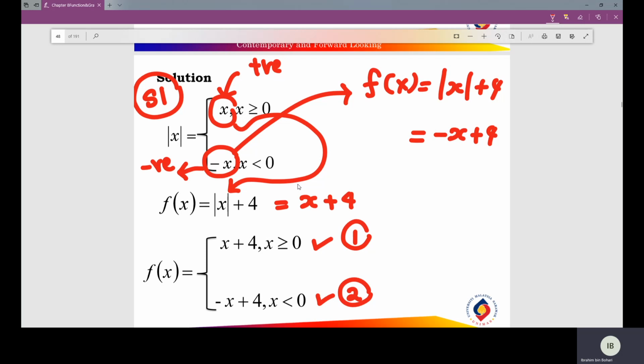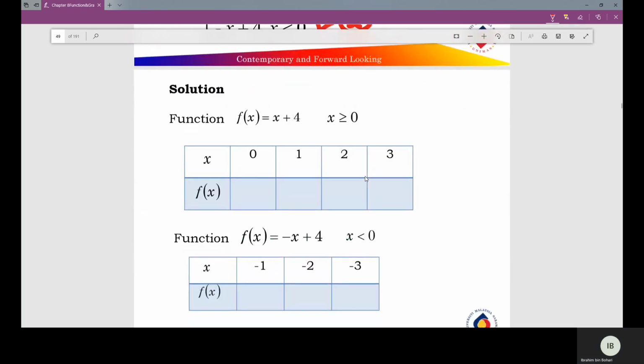And then the tables. The table starts at x greater than or equal to 0. So the first point of x starts at 0, 1, 2, 3 to positive infinity.